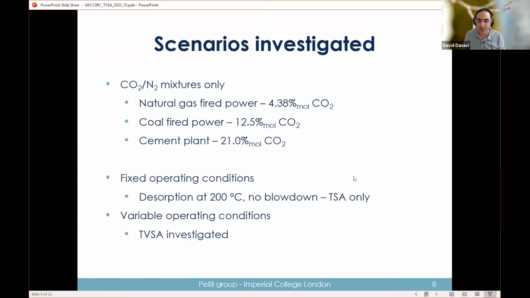So this is pure TSA from an adsorption temperature of 40 degrees C up to 200 degrees C. Then there's a little bit of work on variable operating conditions where we use a minimizer or an optimizer to select the desorption, blowdown, and vacuum conditions to give you a target purity and recovery.